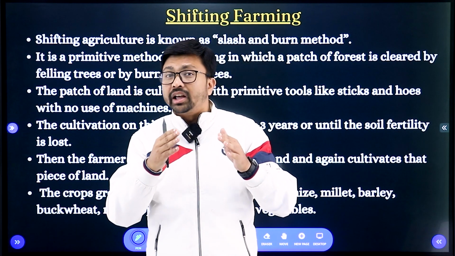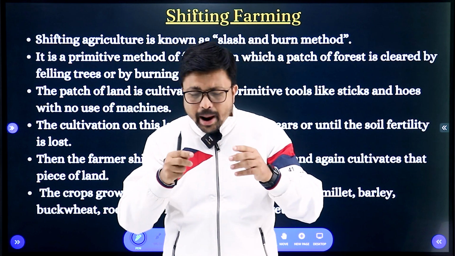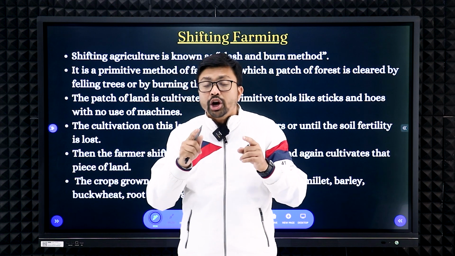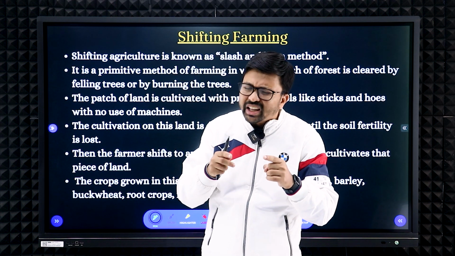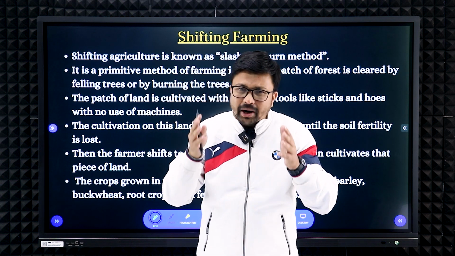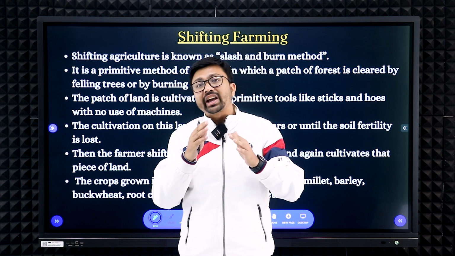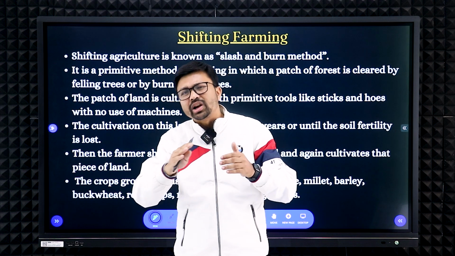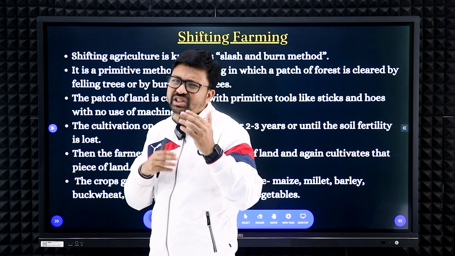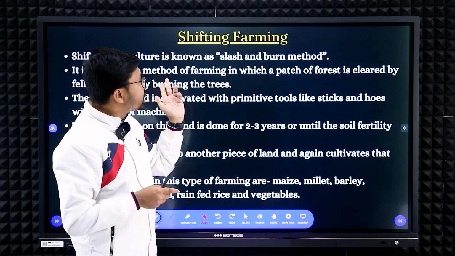Then they realized they have to live a certain life, because in hunting and gathering there is no surety. So they started to produce agricultural crops in a particular place, so they could get a continuous supply of food. For that, the first step taken was called shifting farming.